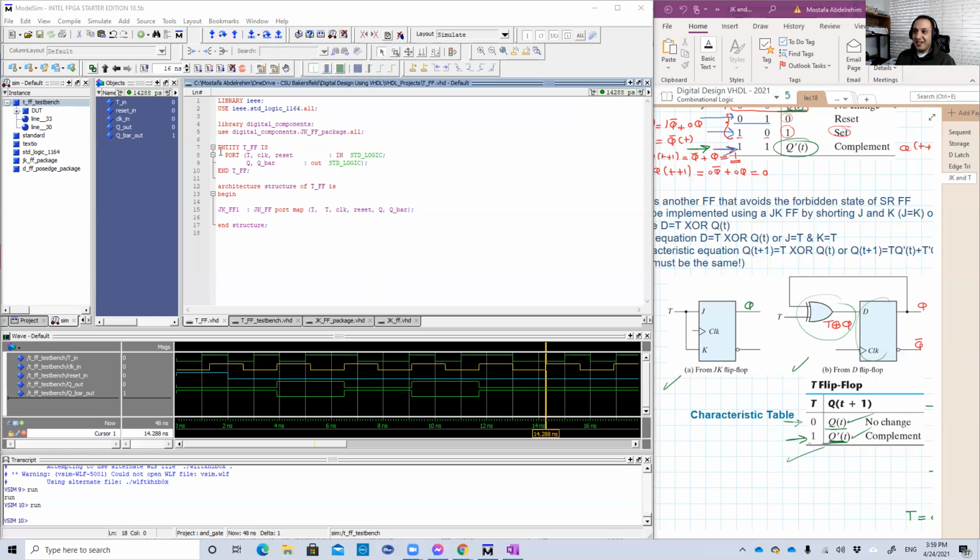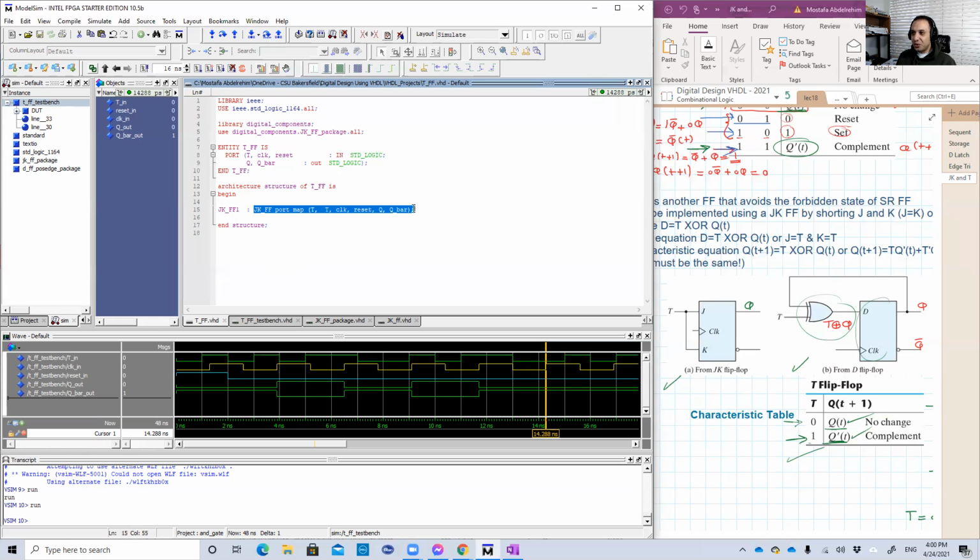Here I have the T flip-flop design. Here are the inputs and the outputs. The inputs are the T input, which will go to both inputs of the JK because they are equal, the clock and the reset, and the outputs are Q and Q bar. Here it is, just one line that includes the JK flip-flop package, the one that we designed last time.